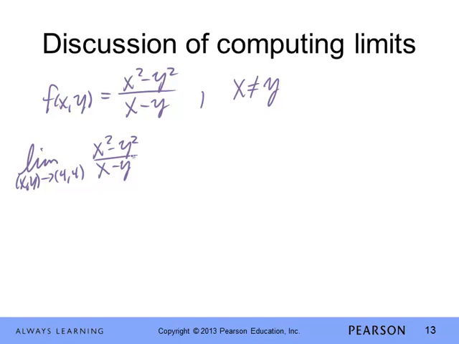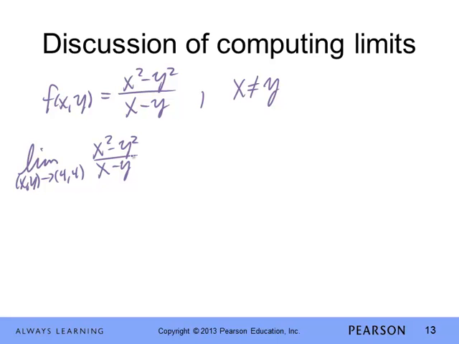This function is not even defined there. But if we remember from Calc 1, does the function need to be defined where we take the limit? The limit could exist there, even if the function's not defined there, right? So that's the same thing here. This function's not defined at 4, 4 because at that point the denominator is equal to 0.